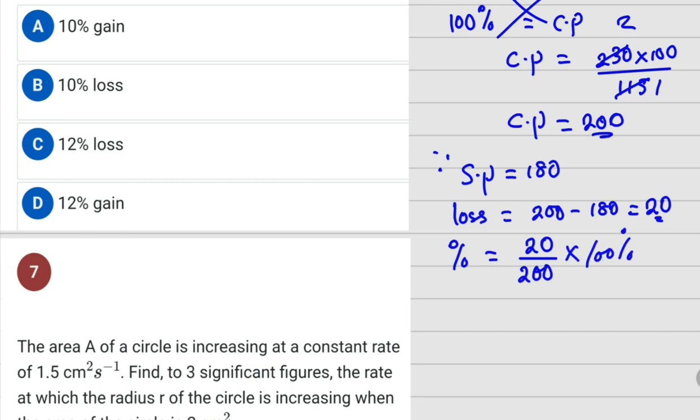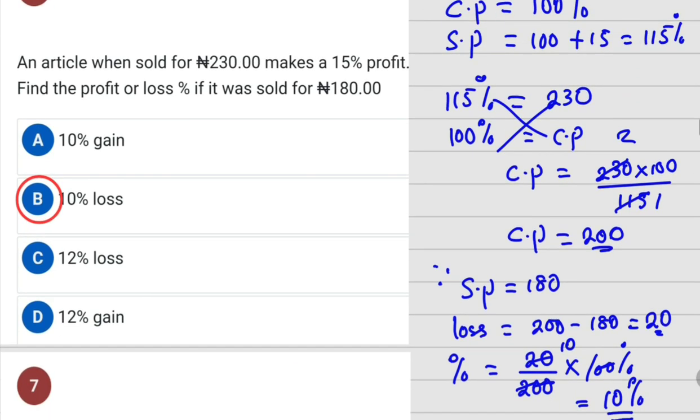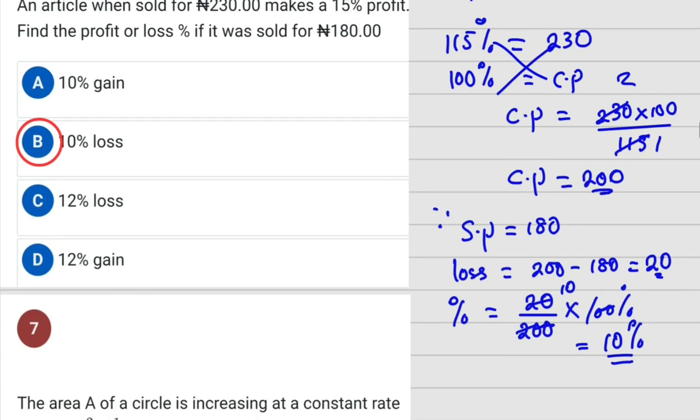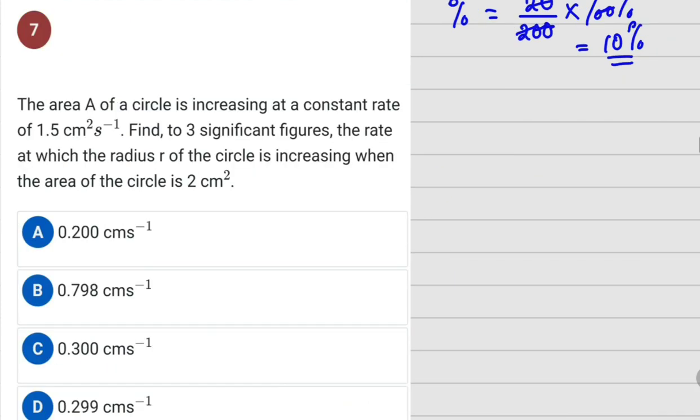So if you check it out, these cancel, and the answer is 10%. So there's a loss of 10%. In fact, the question says find the profit or loss. So we found that it's a loss of 10%. So let's move to the next question, which is question 7.